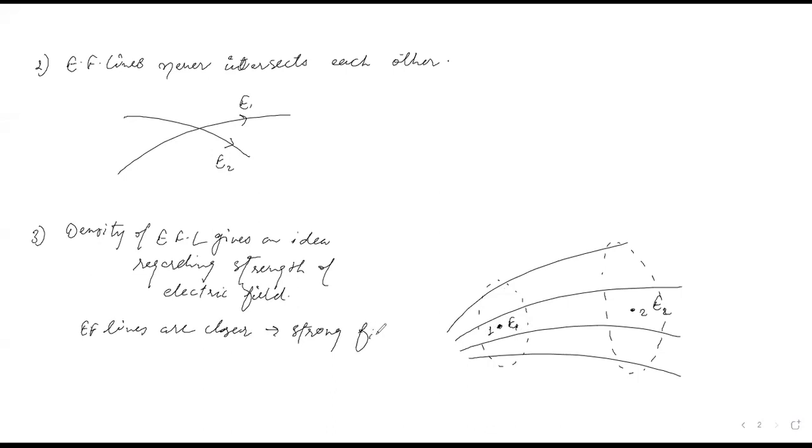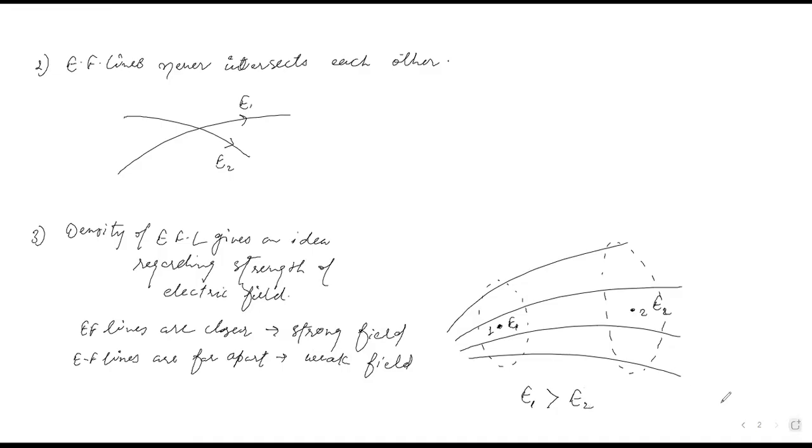If the field lines are far apart, then the field is weak. In this case, E1 is stronger than E2.